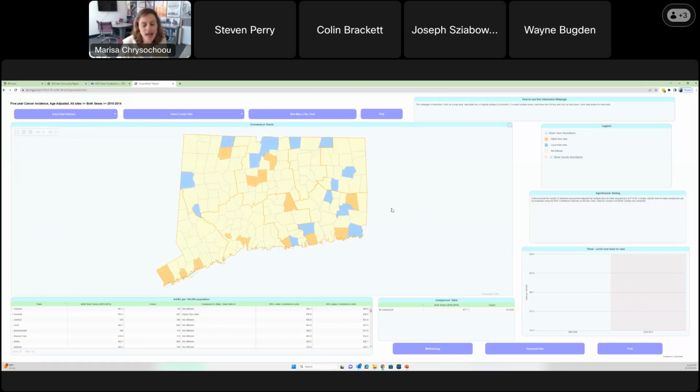So if your target area is in a town that is orange here, you can use that information and say that based on the Connecticut Department of Health tumor registry, all the cancers in the city of West Hartford were higher than the state average. So that is an alternative type of cancer data point that you can use.